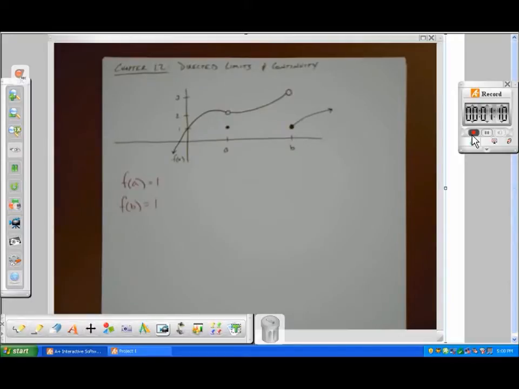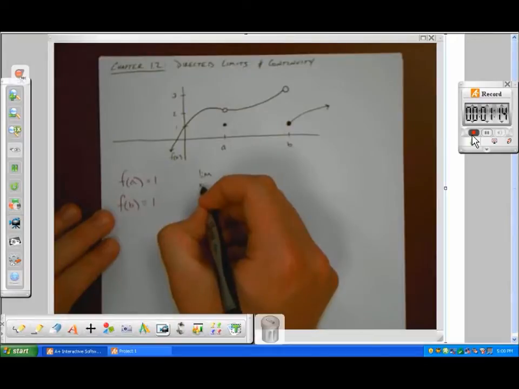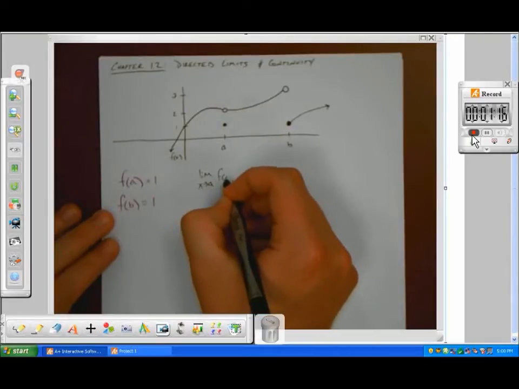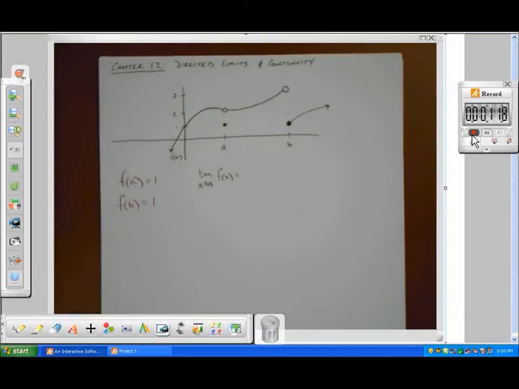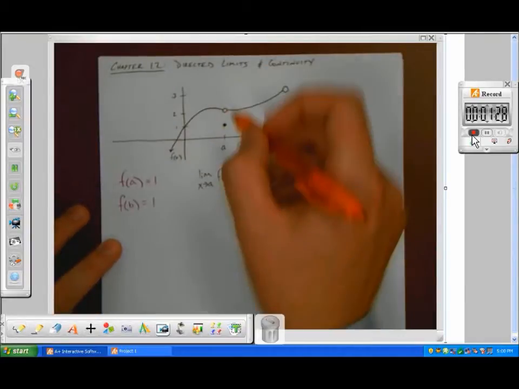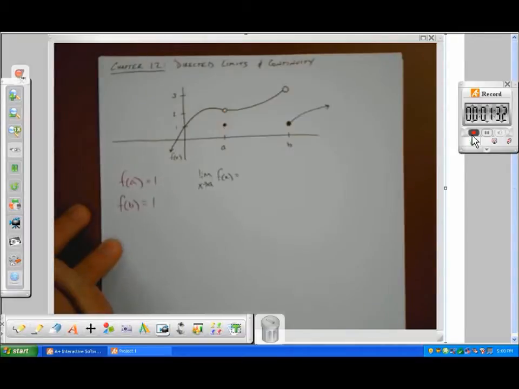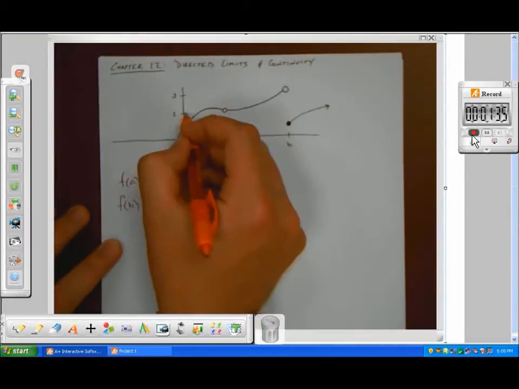So what is the limit as x approaches a of f of x? Well, remember that a limit tells you the behavior of a function, and the behavior of a function really means the height at a particular point. So at x equals a, the area around x equals a talks about that hole right there, and that height corresponds to 2.